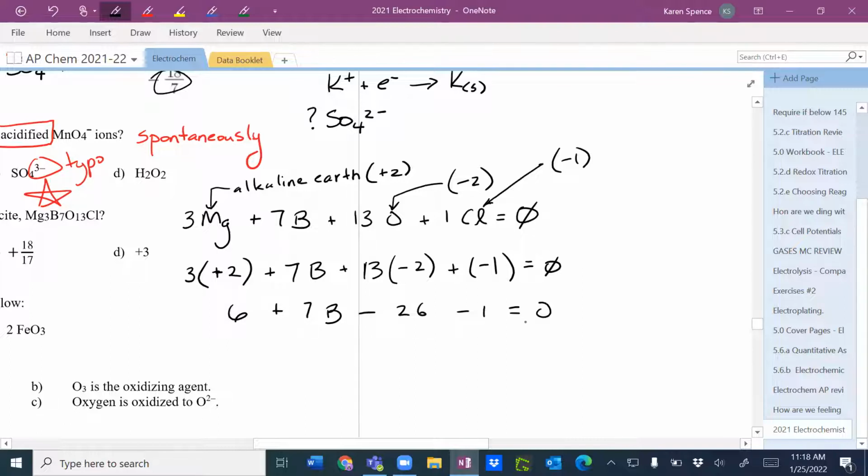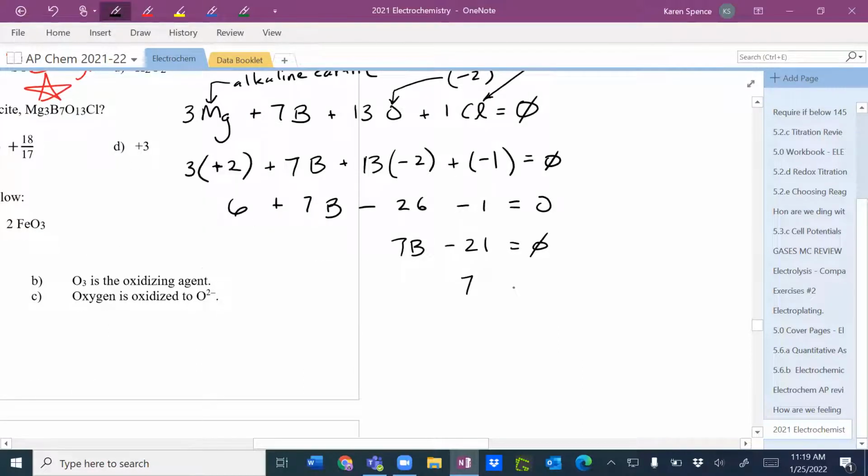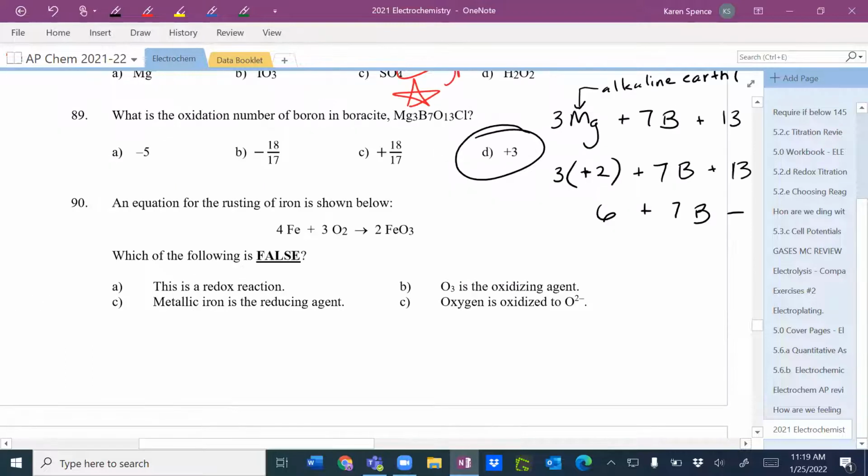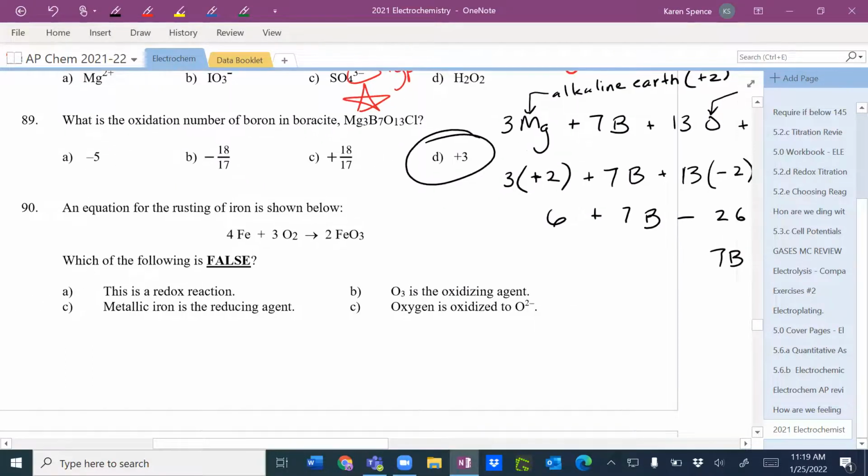And so that's -20 minus 1 is -21. 7b equals 21, and so b is equal to +3. So that one's just a little ugly, requires a lot of math, but easy math.